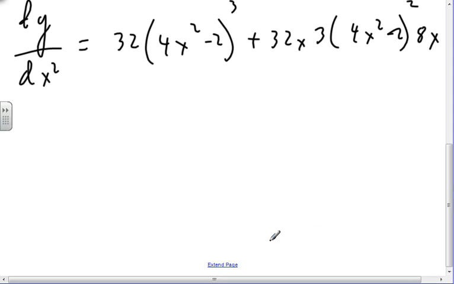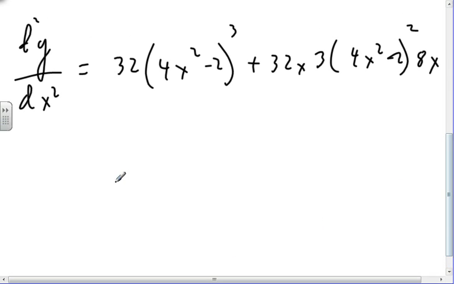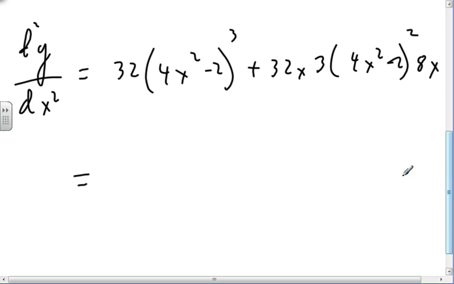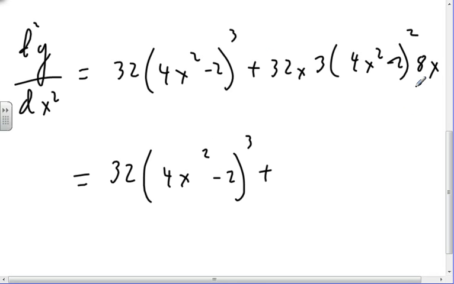Okay, and I might clean that up some, maybe, I don't know. Something tells me I'm missing something. Nope, not missing anything. Alright, 32 times 4x squared minus 2 cubed plus 8 times 3 times 32.